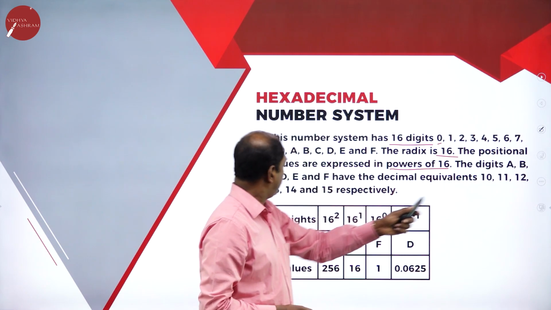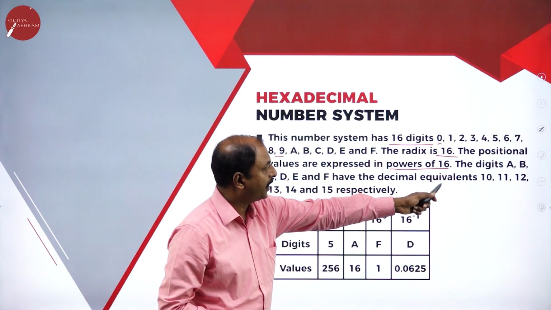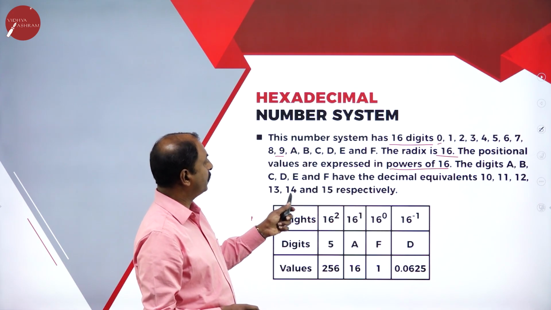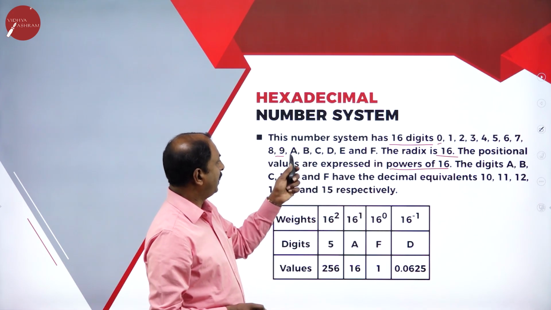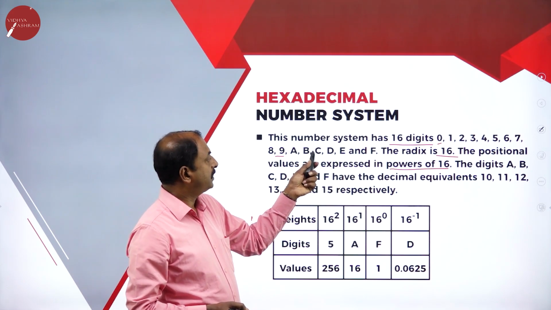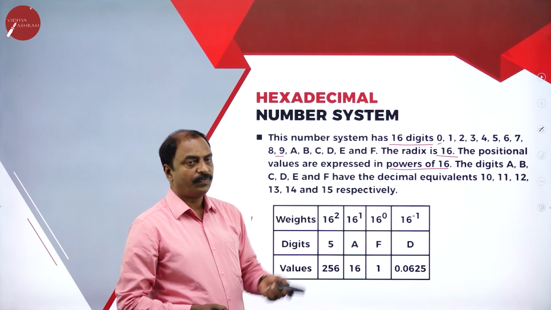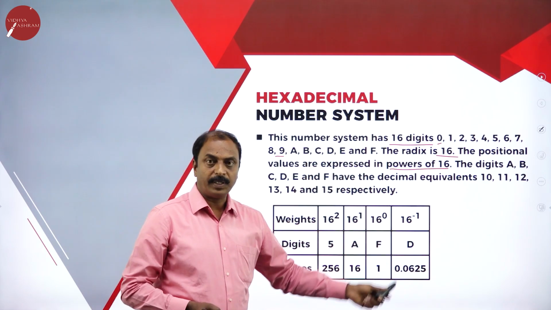The digits A, B, C, D, E, F have the decimal equivalents 10, 11, 12, 13, 14, 15. Here A stands for 10, B stands for 11, C for 12, then 13, 14 and 15. Now look at a small example here.